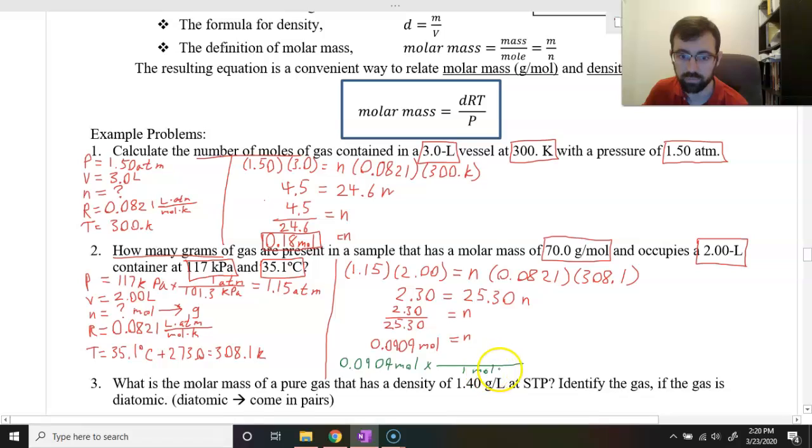Well, it gave us the molar mass right up here, 70.0 grams per mole. We're going to use that. 70.0 grams in 1 mole, and you end up with 6.36 grams.